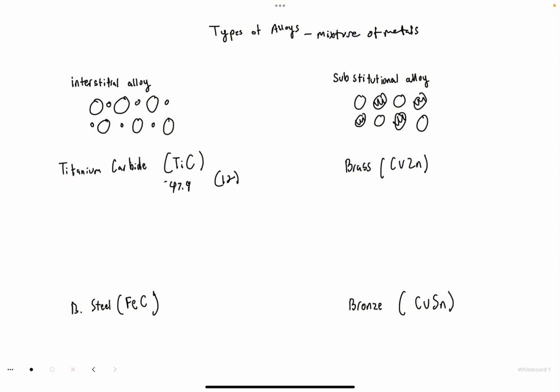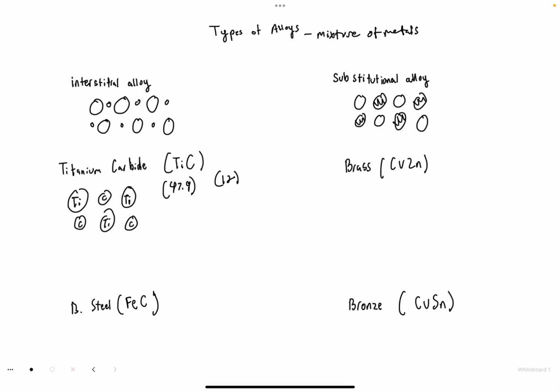So you can kind of tell the differences between the molar mass, and you can see that it would be an interstitial alloy because of the big difference between molar mass. So that being said, the higher the difference in molar mass, it's going to be an interstitial alloy.